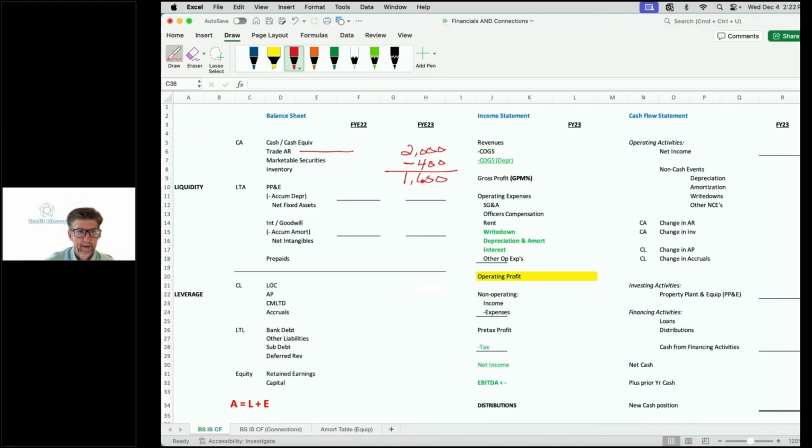But there's more to it. There's more that impacts the financial statements, and we really need to understand in financial analysis how the financial statements connect together and how one event can impact all the financial statements. And this is a great example. So what occurred when that 400,000 was added to AR? There was a sale, right?